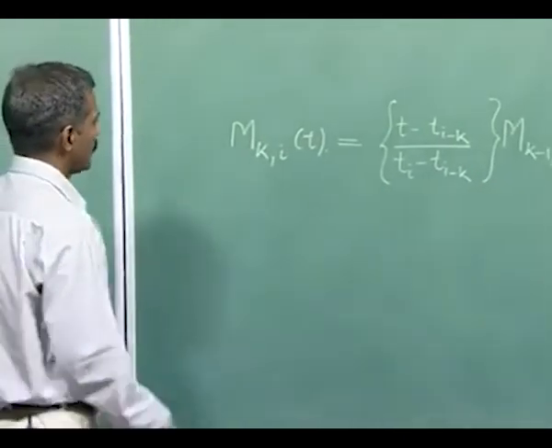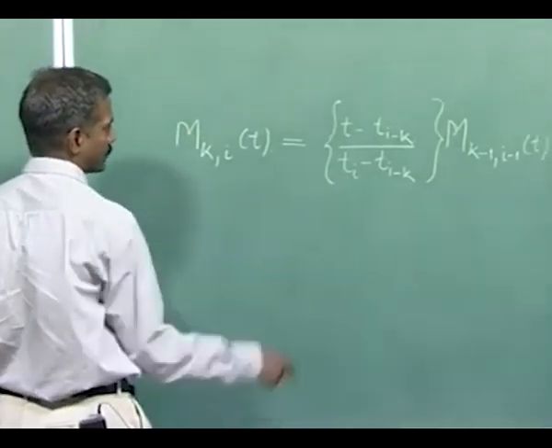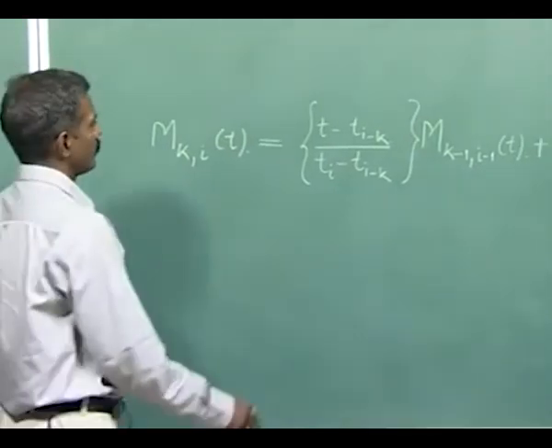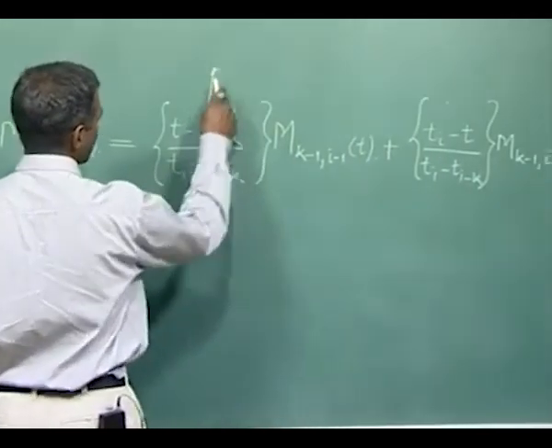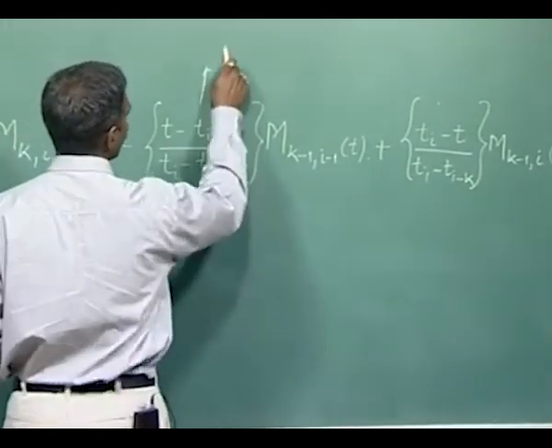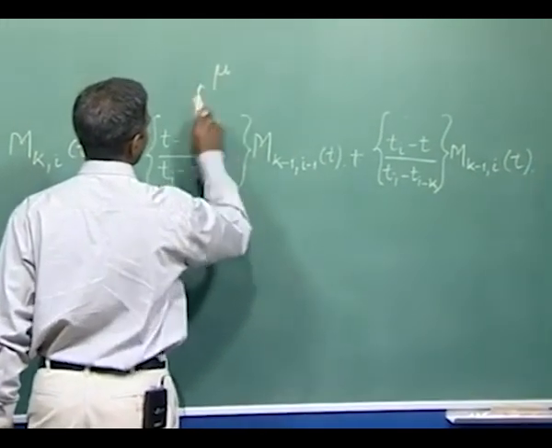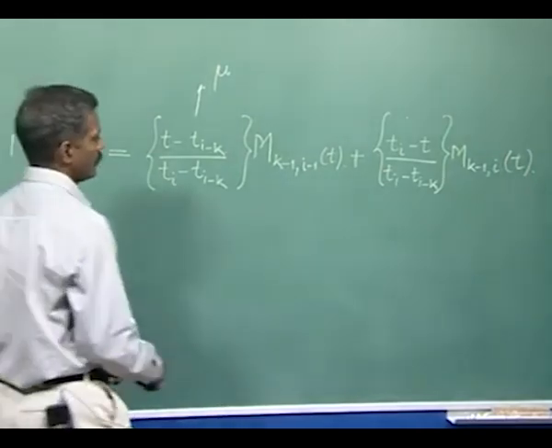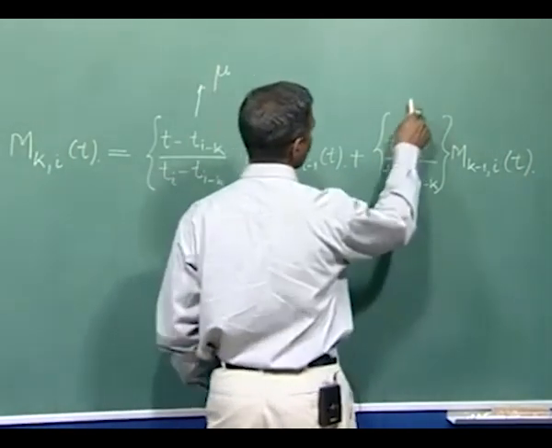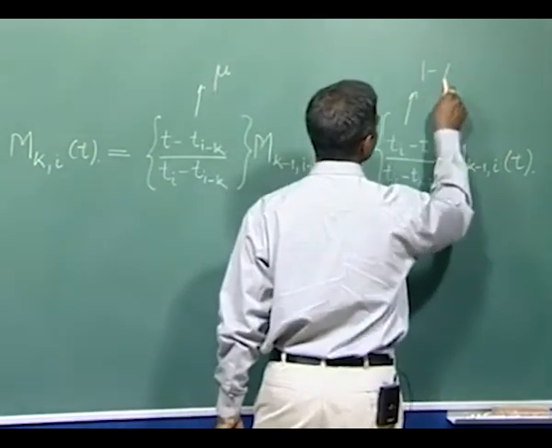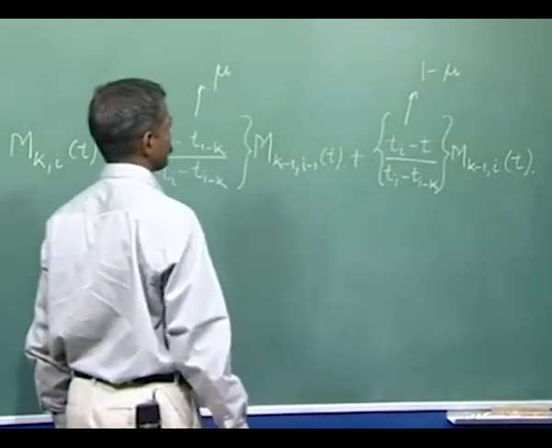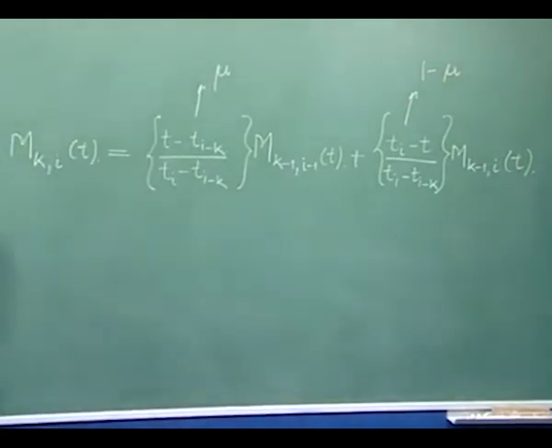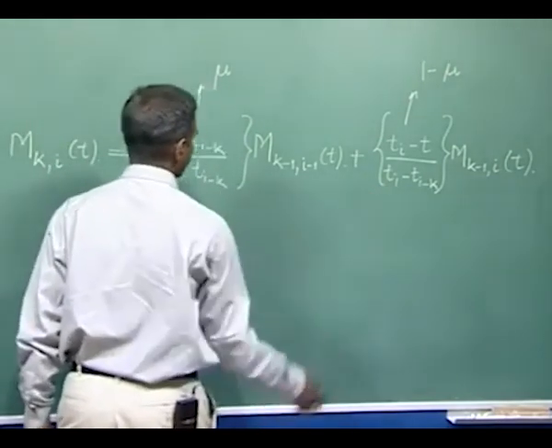There is another interesting feature about this recursion relation. Now say that this weight is mu. It would not be very difficult for you to figure that this weight here will be 1 minus mu. An easy way to check this is to add these two weights together.